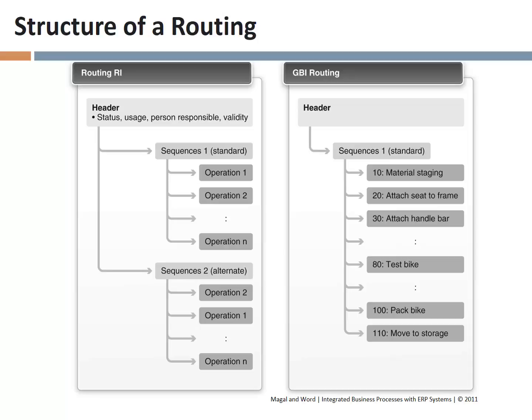And so you see the hypothetical one here that just defines the standard routing for making a bicycle. You stage the material, you attach the seat to the frame, you attach the handle to the bar, and so on and so forth. We can have as many or as few steps as are needed in the context of our operation. So this is a routing.